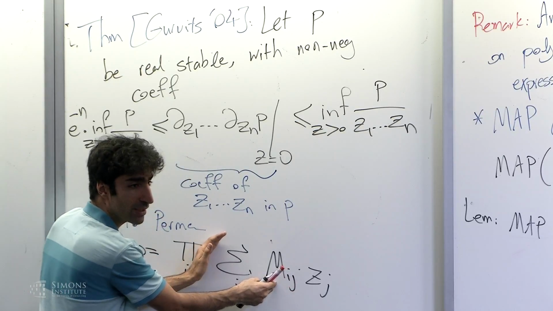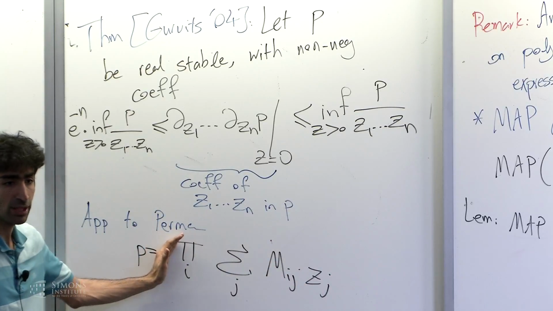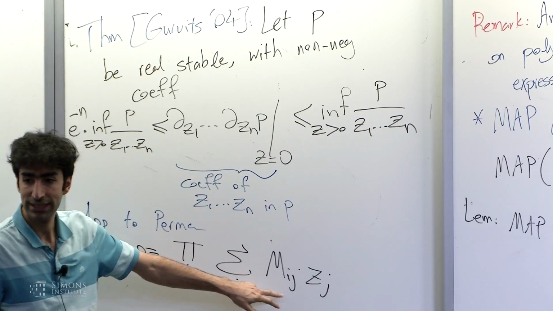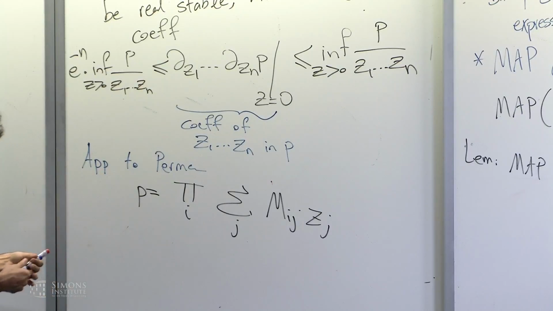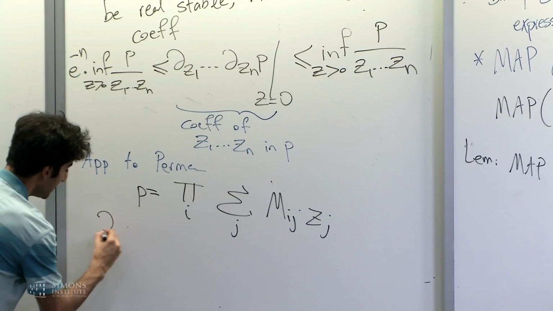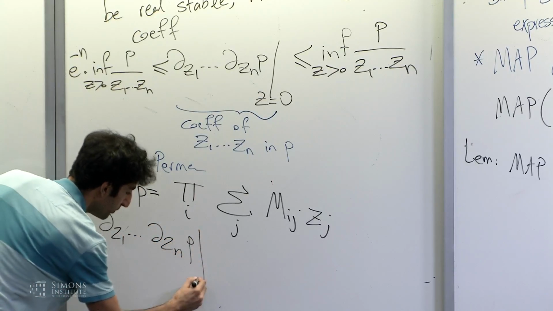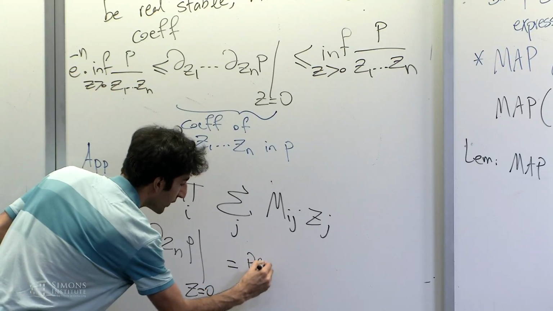The entries of M are non-negative, so each factor is a real stable polynomial. I have a product of real stable polynomials, so P is real stable. It also has non-negative coefficients, again because the entries of M are non-negative. So I have a polynomial P, and the claim is that the coefficient of z1 up to zn in P is equal to the permanent of M.